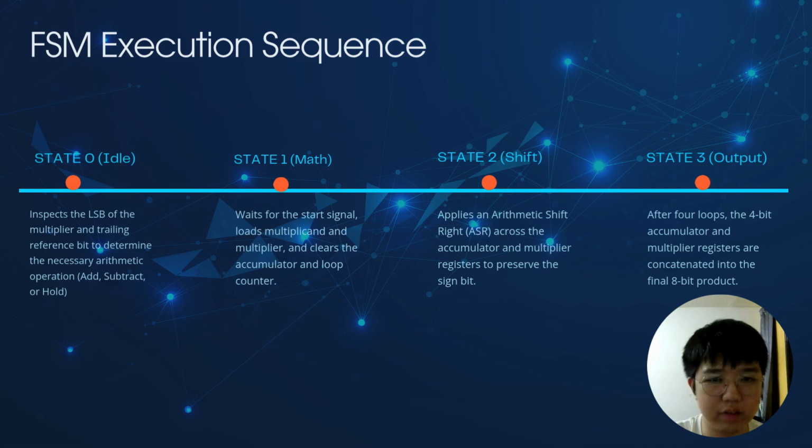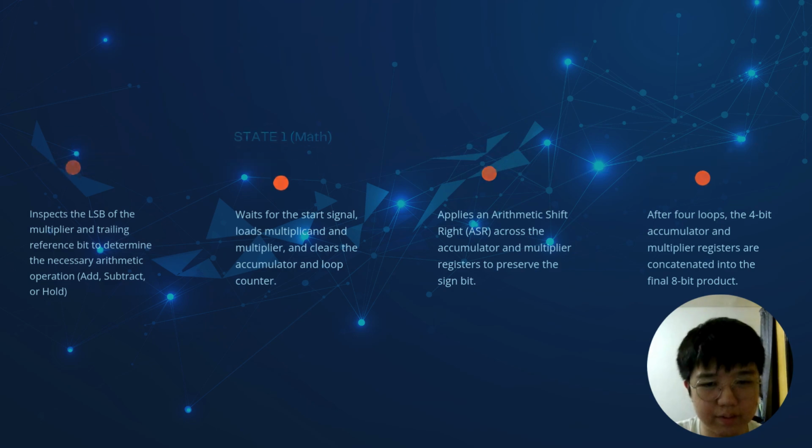Then we move to the shift state. We do an arithmetic shift right for C and B, and also B minus 1. When the 4 loops are done, we move to state 3. Then the upper 4 bits will be C and the lower 4 bits will be B.